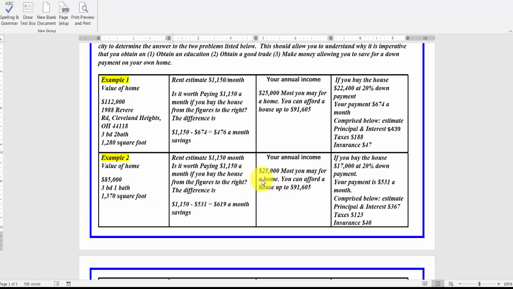Again, we said if your annual income is $25,000, you can afford $91,000. Well, this house only costs $85,000. Over here on the far right, if you buy this house and put down a down payment of $17,000, that's 20% of the cost. Your monthly payment is $531 a month, comprised of $367 for the principal and interest that goes right to the bank, taxes, and the insurance on your house.